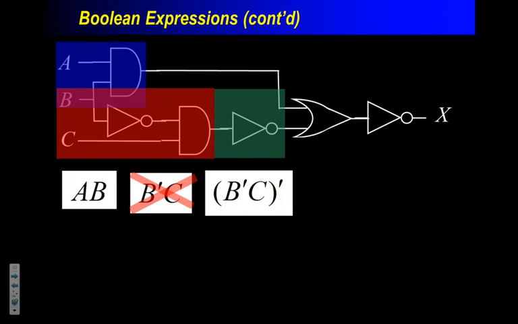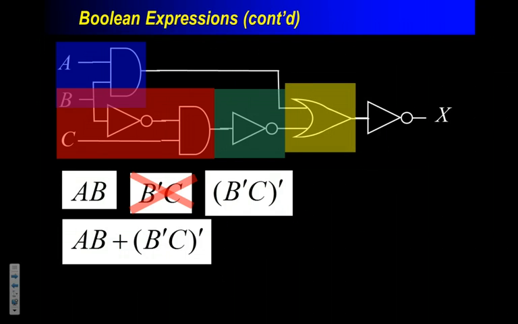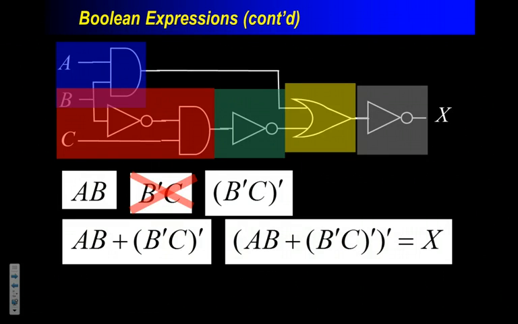NOT B and C being NOTed. Then that and that are being combined with OR, right? A and B, or NOT(NOT B and C). And then that whole thing is being NOTed to generate X. That's pretty nasty, but that's how it relates. So you can actually work it out on a mathematical level or as an engineer on a circuit diagram level.